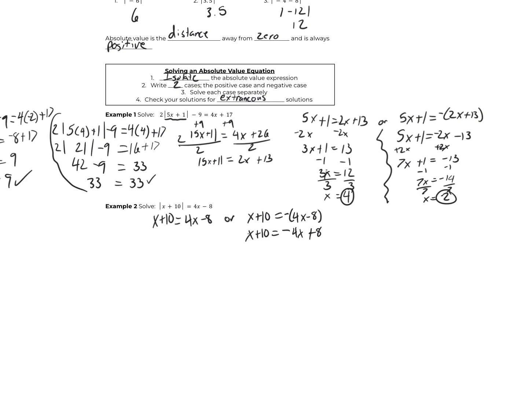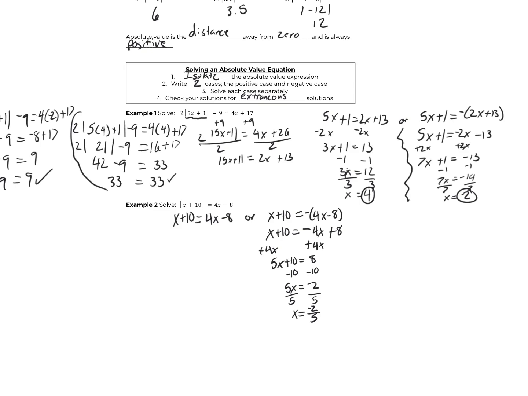All right, so now we can go ahead and add 4x to both sides to make 5x. And then subtract 10 from both sides. Get 5x equals negative 2. And then divide both sides by 5 to get x equals negative 2/5.